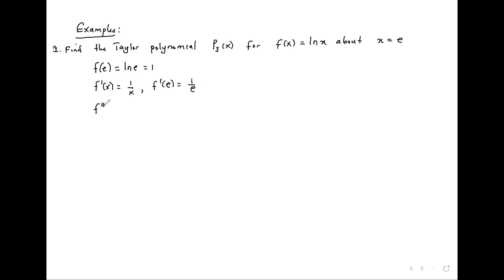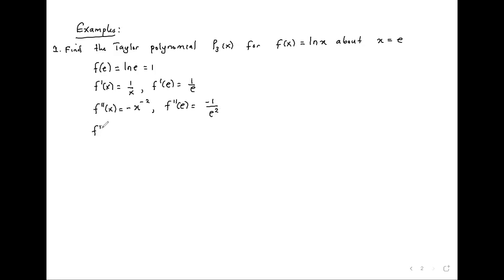And then the second derivative of x. So here to differentiate, this can be written as x to the power negative 1. So the derivative becomes negative 1 times x to the power negative 2. If we evaluate f double prime of e, then we'll get negative 1 over e squared.